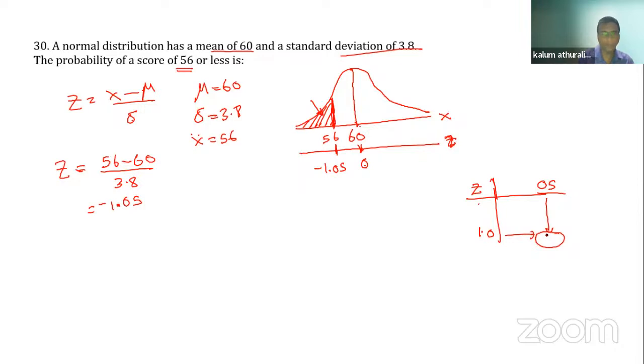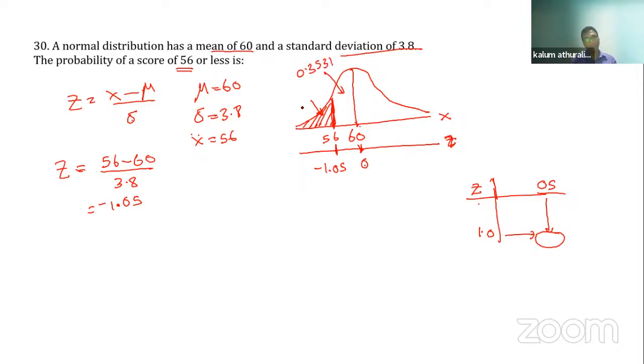Then for 1.05, 1.0 and 5 is 0.3531. This area from 0 to this point equals 0.3531.